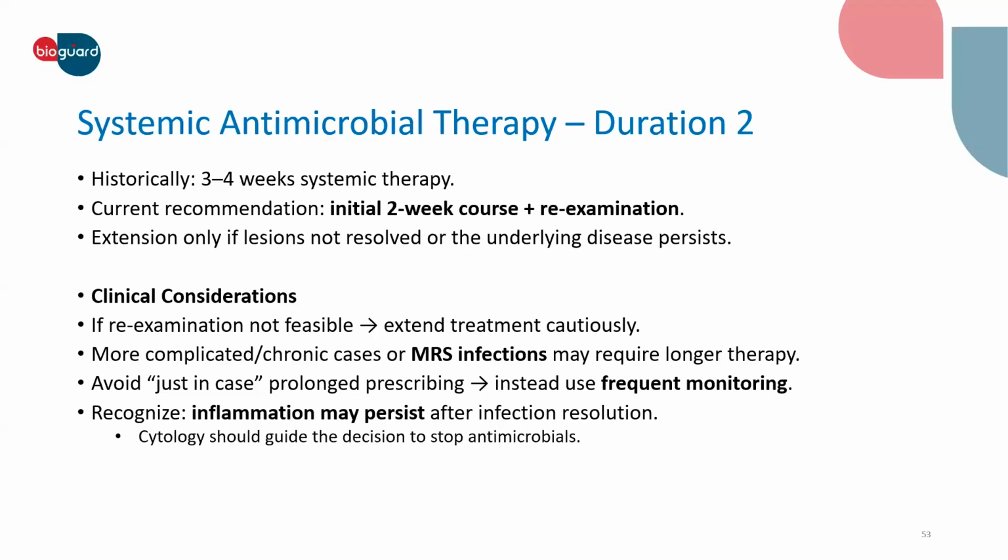And if re-examination is not clear, then you may need to extend treatment cautiously. A more complicated chronic case or MRS infection may require longer therapy, but avoid just-in-case prolonged prescription. Instead, use frequent monitoring. And also recognize that inflammation may persist after infection resolution.